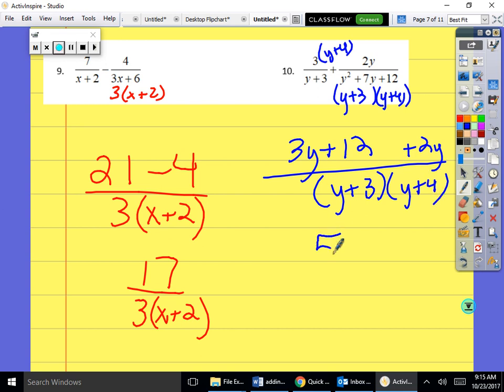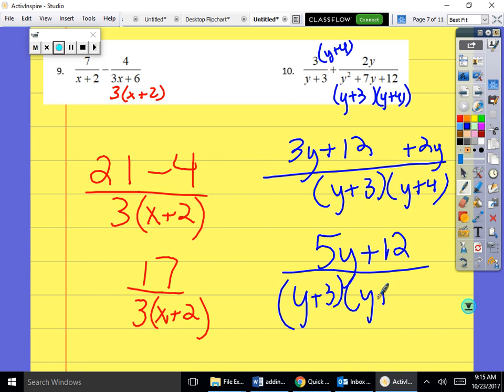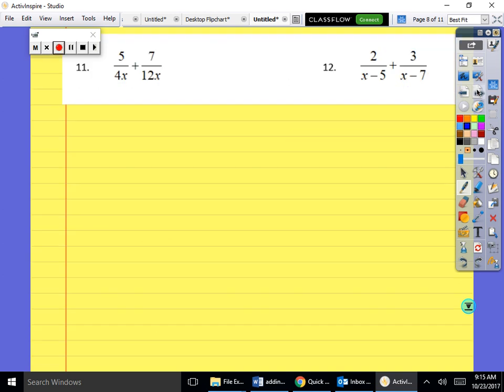Combining like terms, you end up with 5y plus 12 over y plus 3, y plus 4. Or you could have left it y squared plus 7y plus 12. Good? Yes. Okay, so this just has y plus 3. When this breaks down, it's missing the y plus 4.